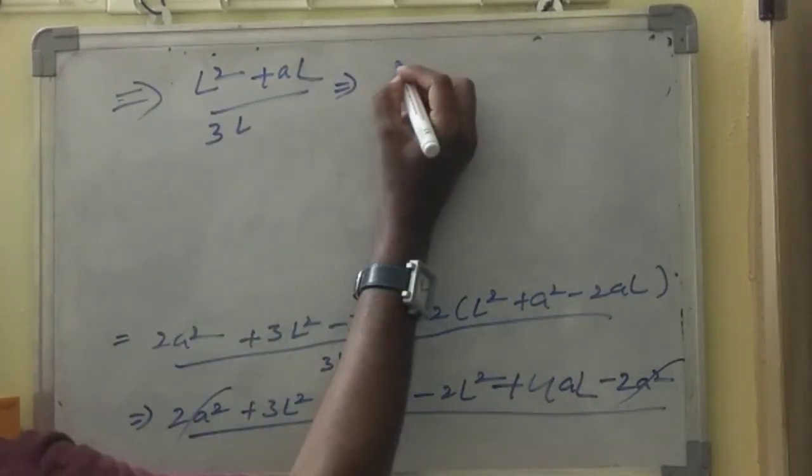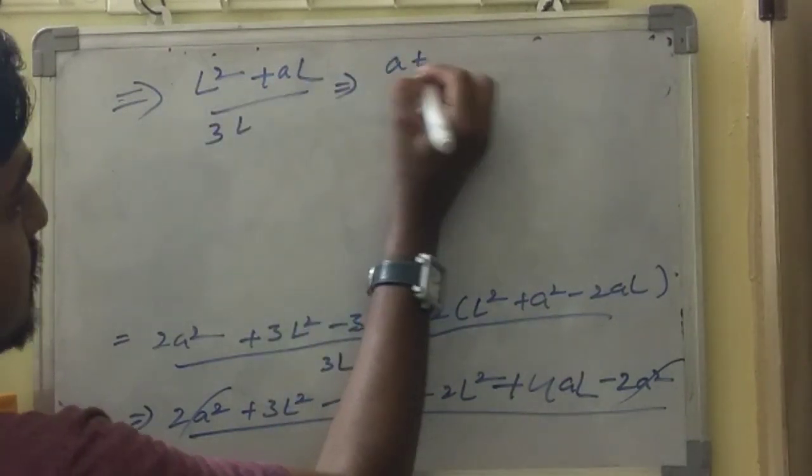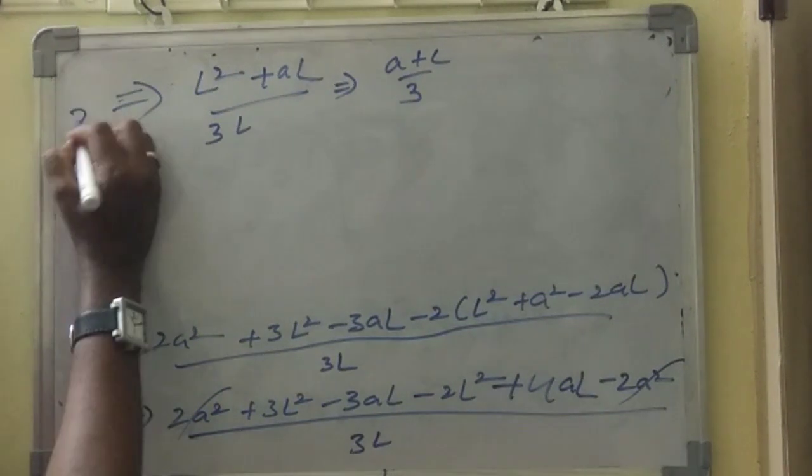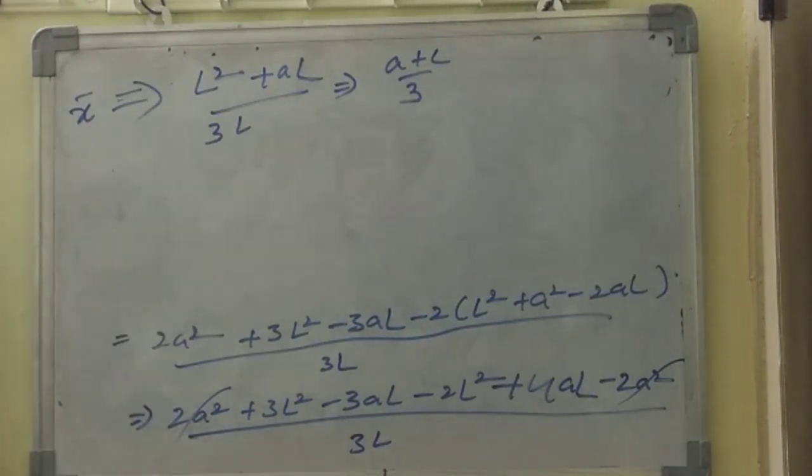Taking L common outside and cancelling, we get (A + L)/3. So x bar, the centroidal distance for the triangle, will be equal to (A + L)/3.